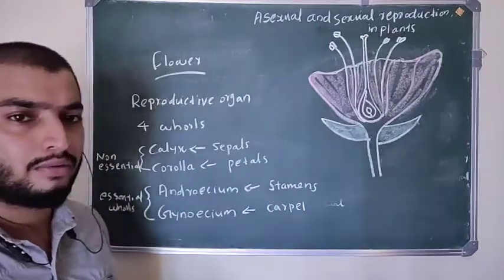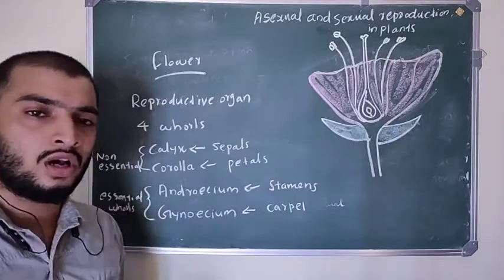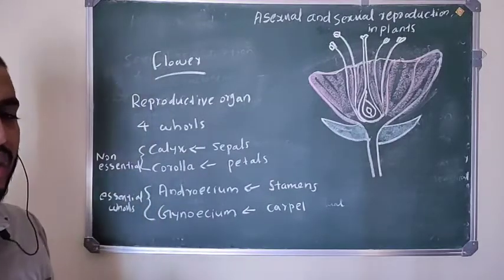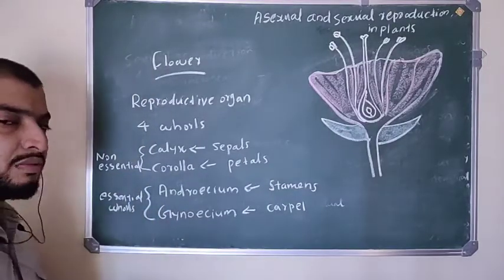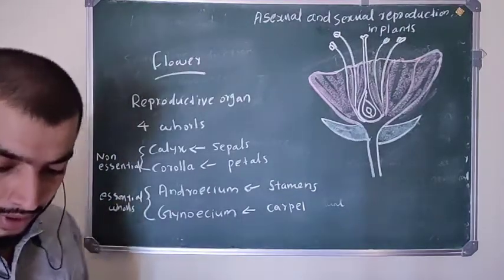So what are the different parts of the flower? The calyx is made up of sepals, the corolla of petals, the androecium of stamens, and the gynoecium of carpels.